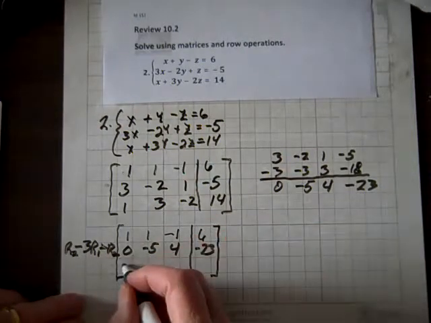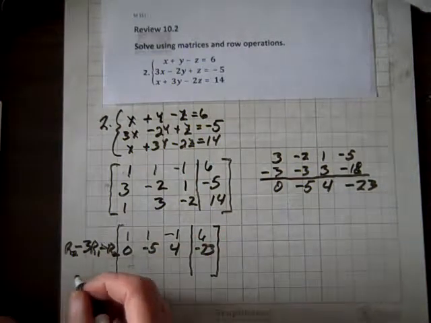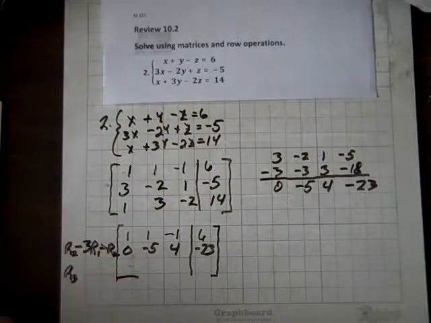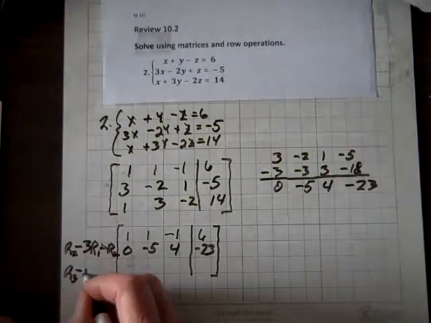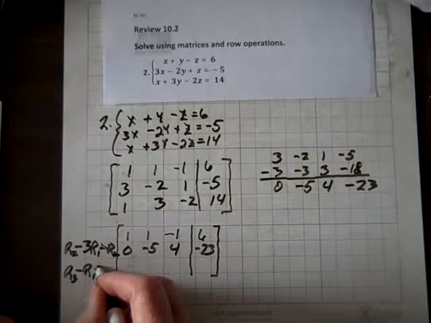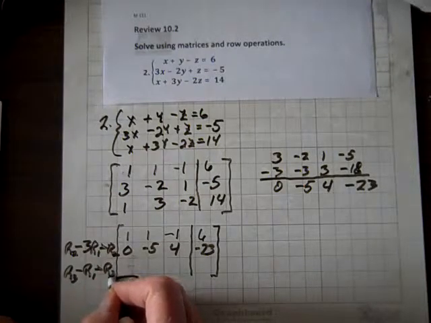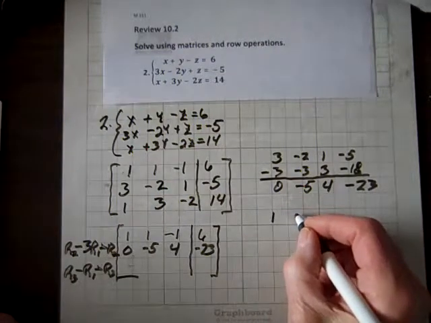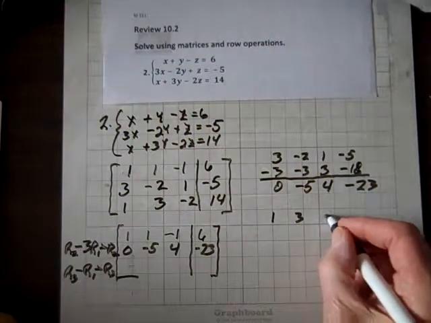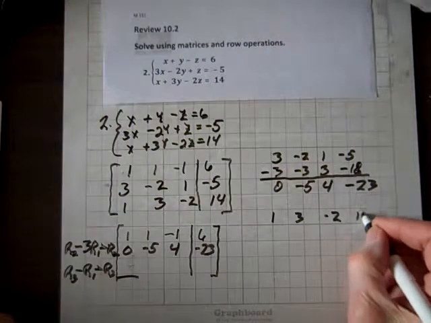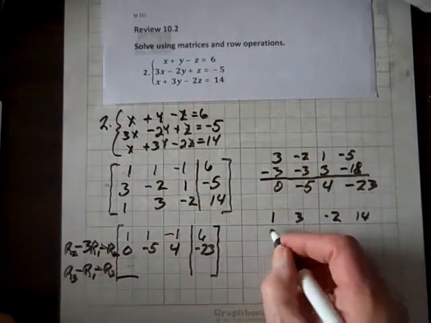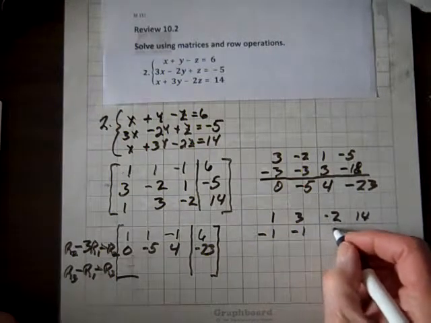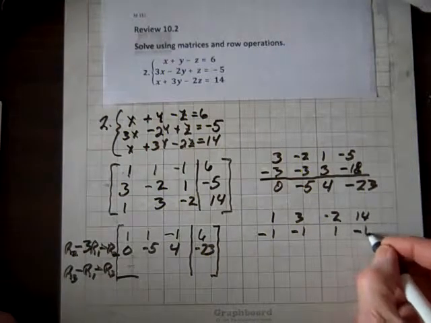Now we need to get a 0 here. So we'll just take row 3, and from it we'll subtract row 1, and that will replace row 3. So let's write down row 3: 1, 3, negative 2, and 14, and then subtract row 1 from it: negative 1, positive 1, negative 6.